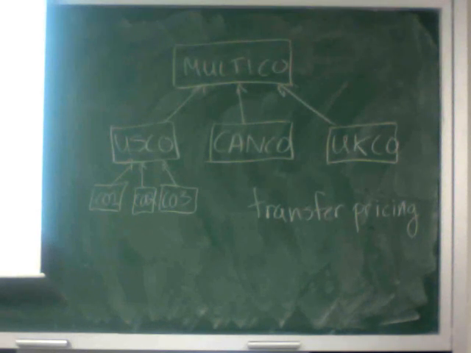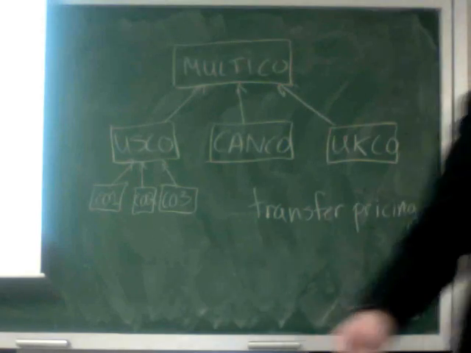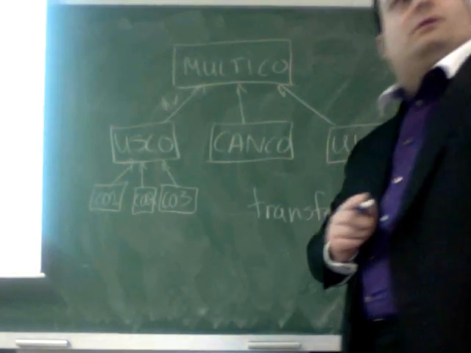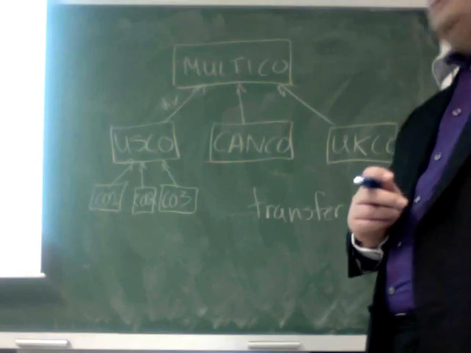Say the company in the U.S. manufactures a part that then gets sold to a Canadian subsidiary that then takes that part and makes a product out of it. Whatever price you use for what the related companies charge each other matters.